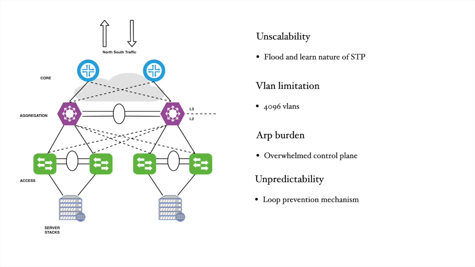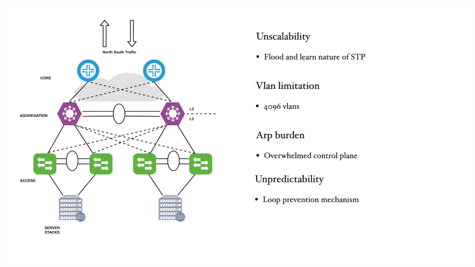Since the aggregation layer is the layer 3 termination, it has to answer ARP. With the advent of virtual endpoints, the size of ARP entries grows exponentially, which burdens and makes the control plane unmanageable.